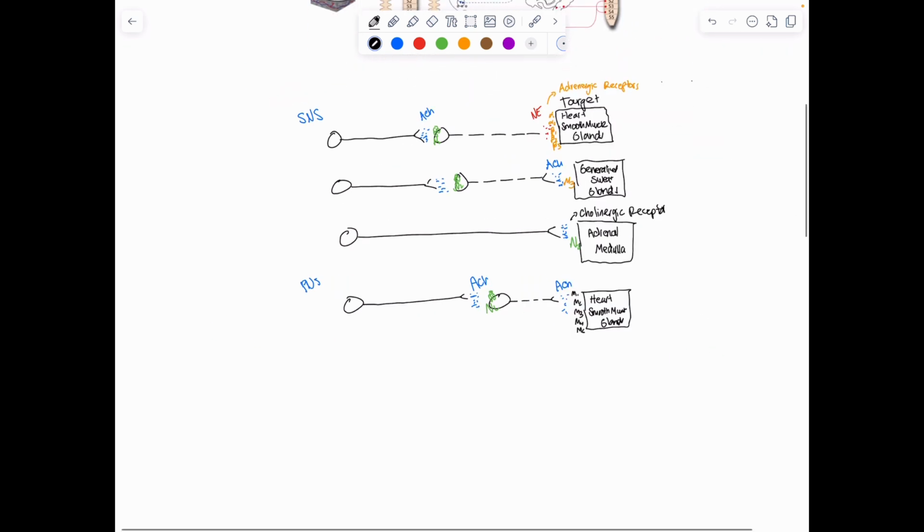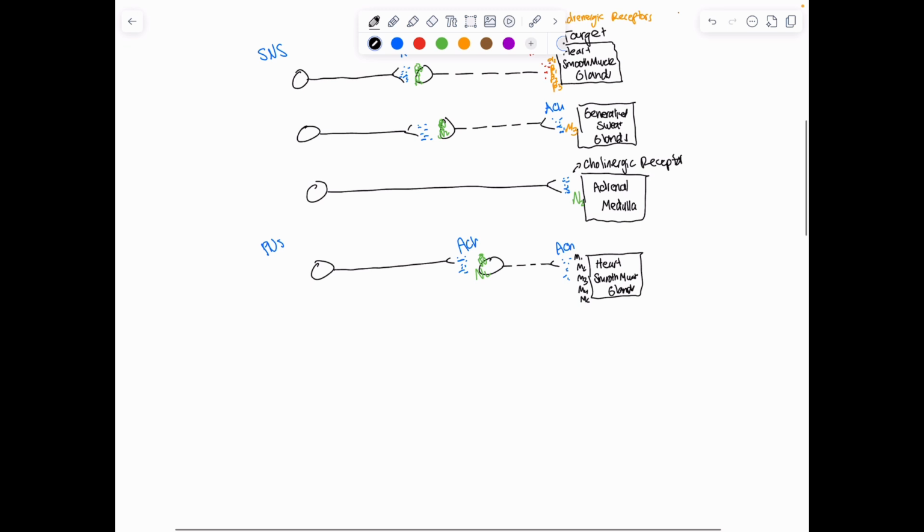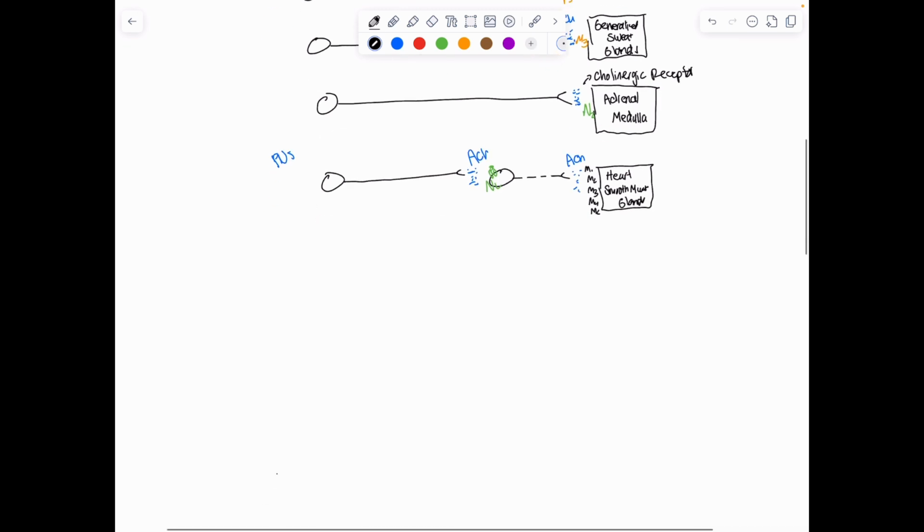So those are the four main things and some major receptors that we need to know for different organs. We'll first have the lung, which is going to be beta 1, or let me back up. That's going to be beta 2, and the heart is going to be beta 1.